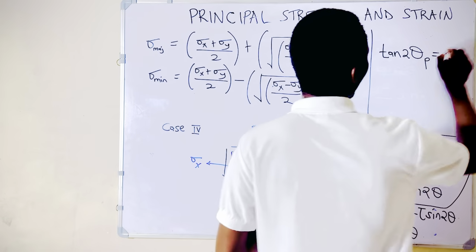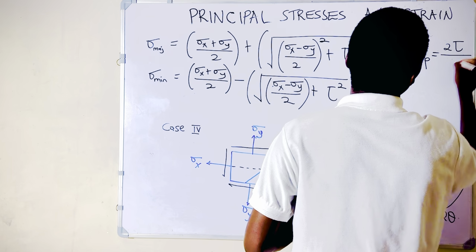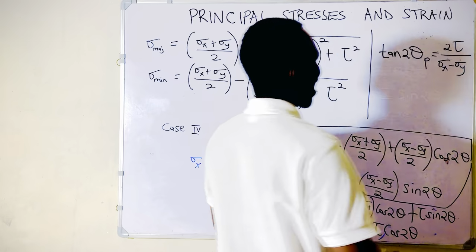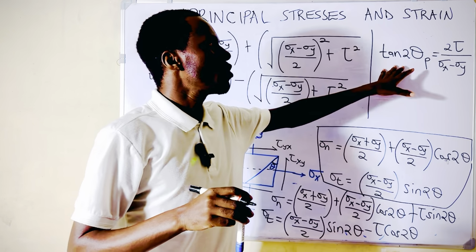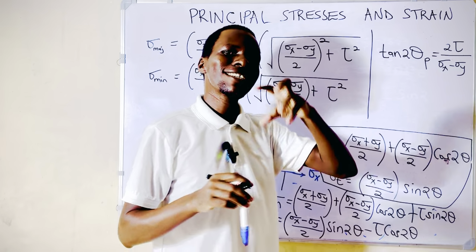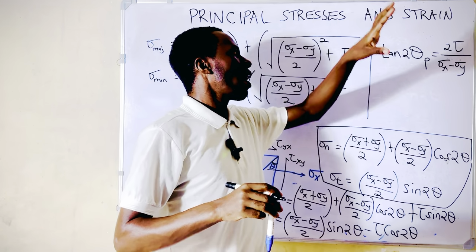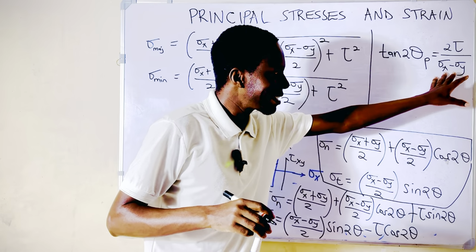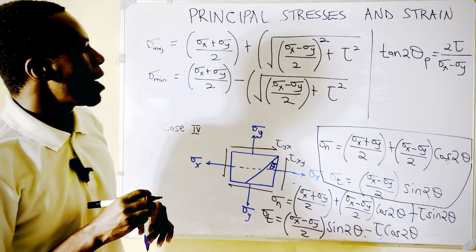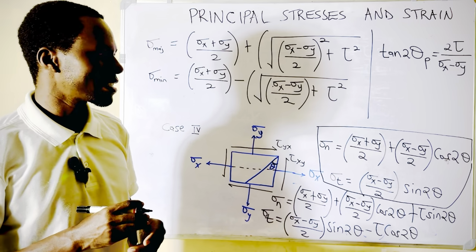It is given by the simple formula of 2 tau out of sigma x minus sigma y. So you need to understand that whenever I want to get the orientation of the principal plane, the principal stress in this case is oriented at this expression.